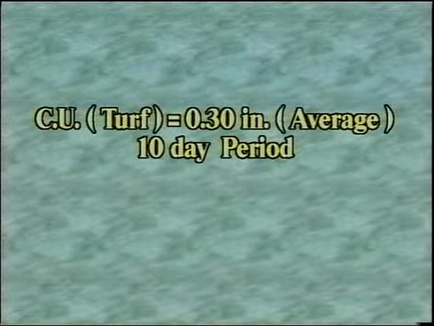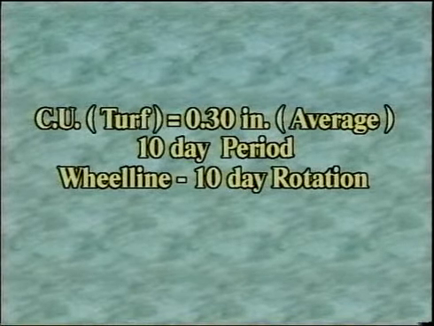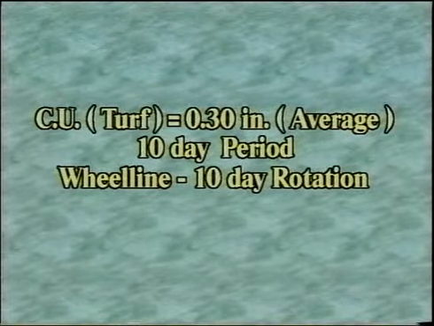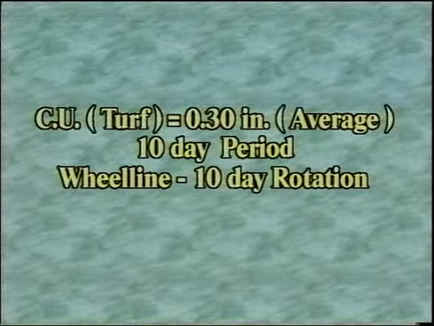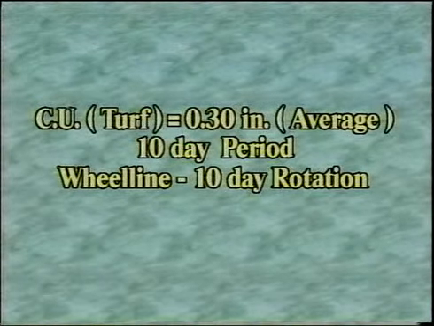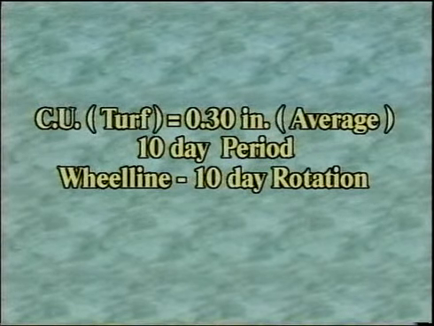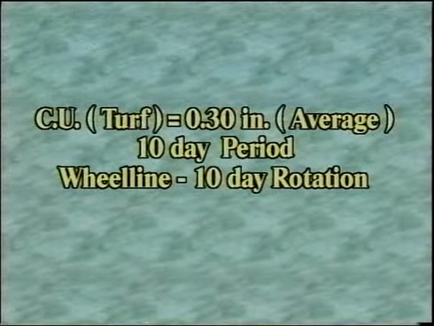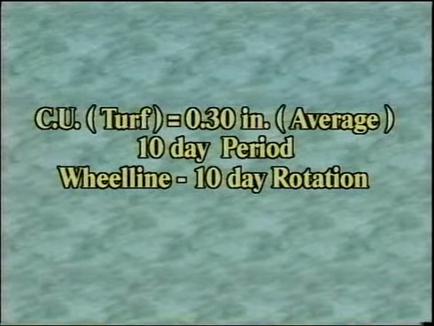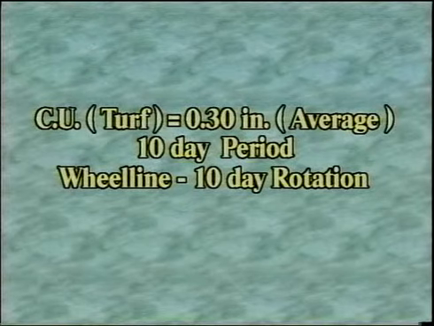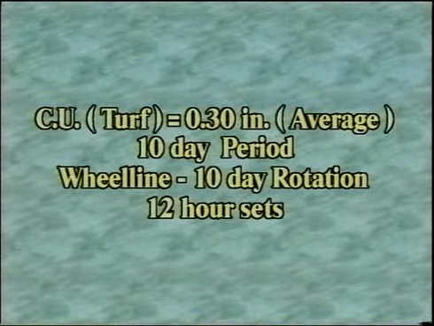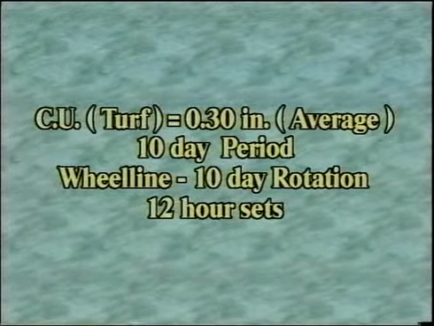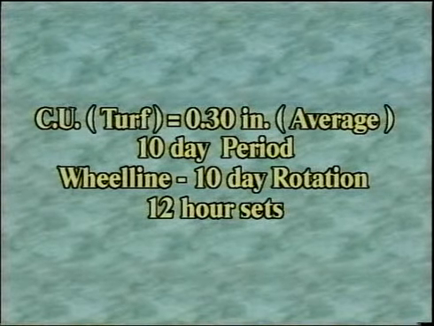And we're doing a wheel line, a 10-day rotation on the wheel line, and we looked at how we set up the wheel line. We'd water a set at a time all the way across the field, roll back, start again. And let's say we're running 12-hour sets.